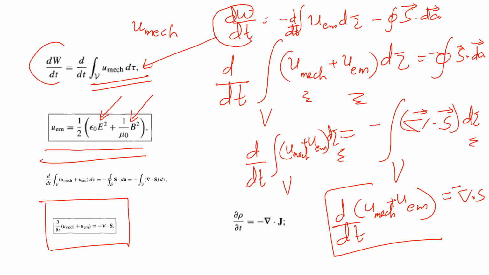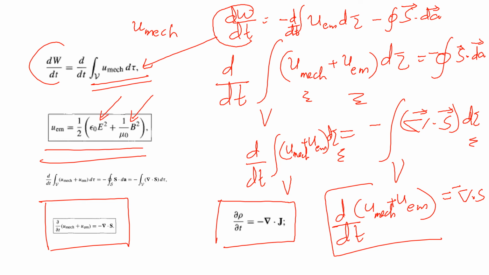You see the similarity of this expression with the continuity equation that we learned: dou rho by dou t is equal to minus del dot J. The continuity equation is actually the conservation of charge. Here, this is the conservation of energy. So you can see the similarity.